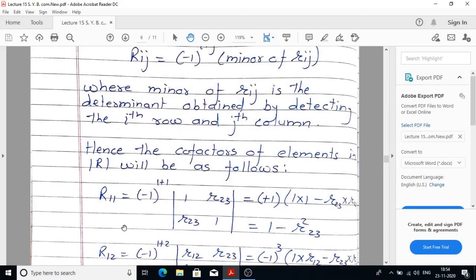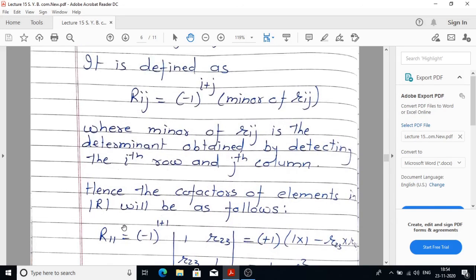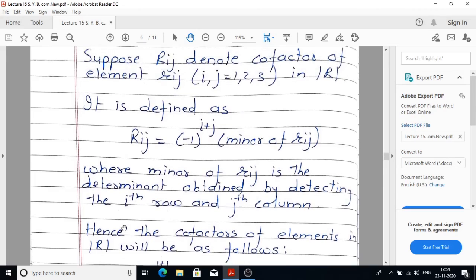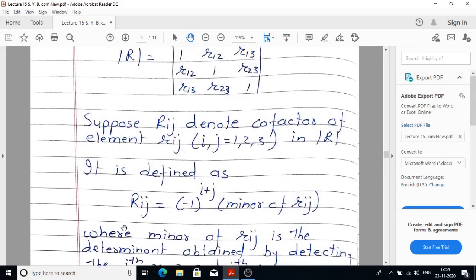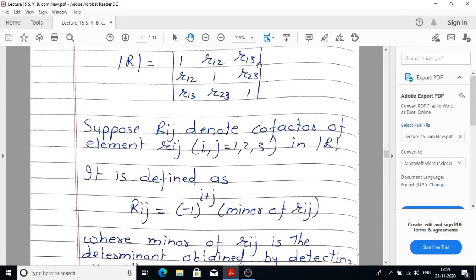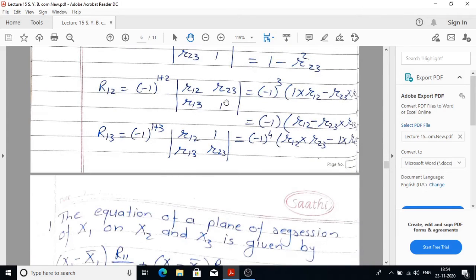So if you see the determinant, first row and third column, if you hide, then R12, 1, R13 and R23. So we can solve it further as minus 1 raised to 4, into R12 into R23 minus 1 into R13.